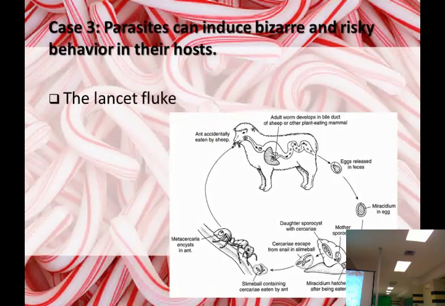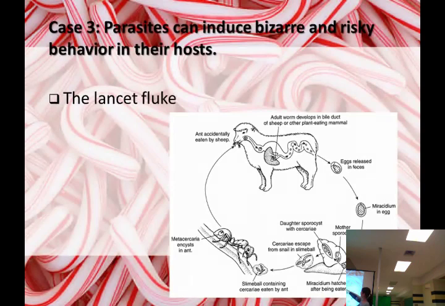Here we have an example of a lancet fluke. So the fluke is basically a type of worm, and it lives most of its life cycle inside of the bile duct of a sheep. The bile duct of the sheep is what feeds the bile into the liver, and so it's living here inside of the sheep, and it's reproducing.